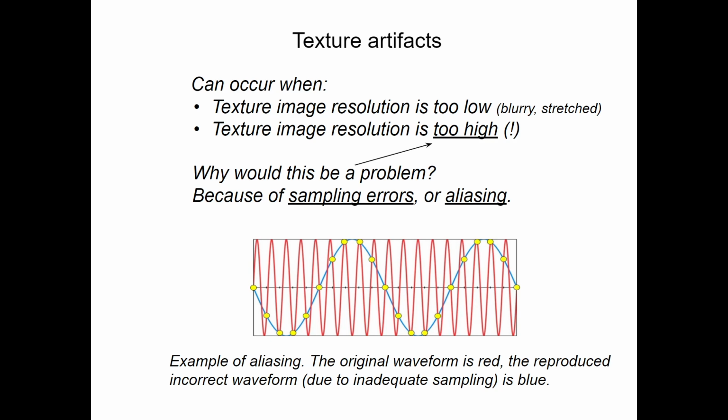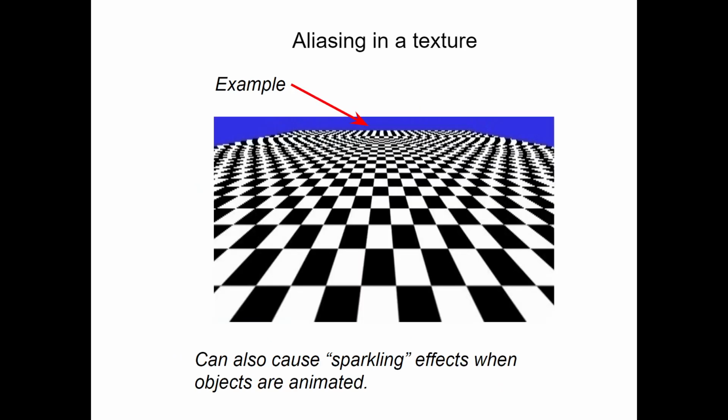So dealing with this sampling error is a real thing, right? Here's an example of aliasing in a texture, and what's happening is, as things get further and further out, you start to hit different boundaries, you beat against the frequency of your texture, the resolution of your texture, versus how much you can actually sample across because of the resolution of the screen. So you get these weird moire patterns and weird effects.